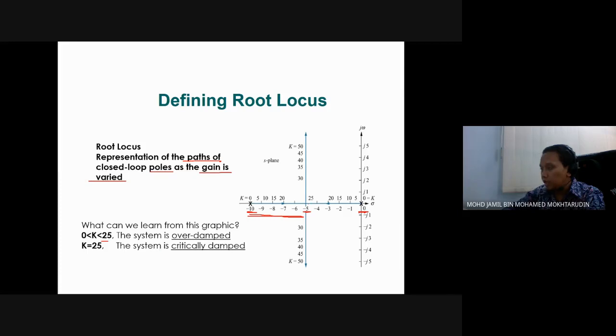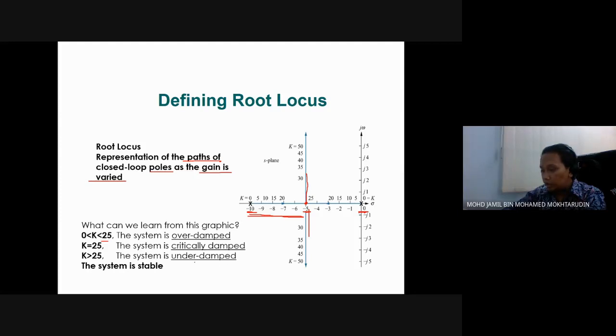When K is at 25 here, the system is critically damped. And for K bigger than 25, which is the root locus part here and also here, the system is underdamped.